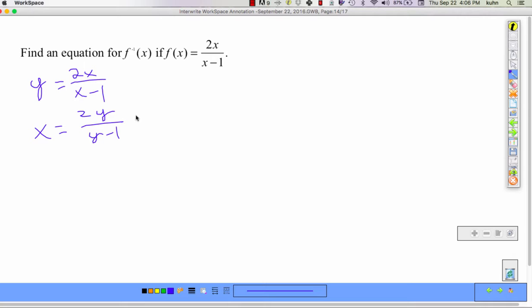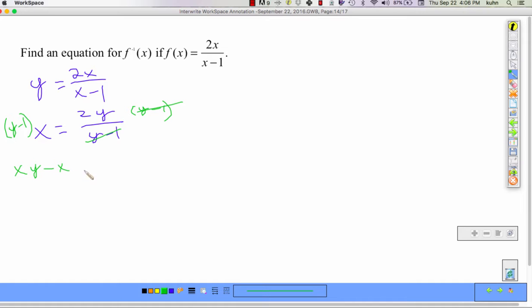In this case, I need to multiply both sides by y minus 1 because I'm getting it out of the denominator. Again, what are we trying to do? I got two y's. I need to get to one y. We're going to work towards getting them on the same side. I'm going to go ahead and distribute that x right now.